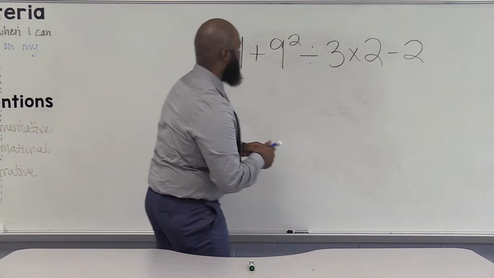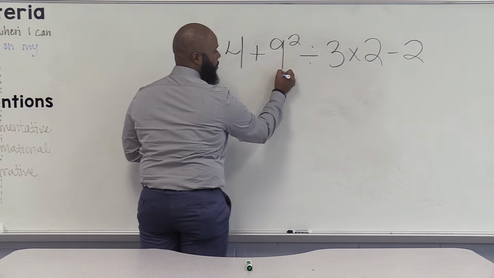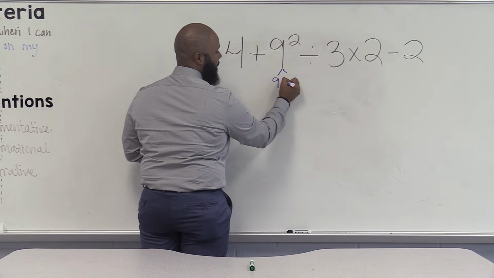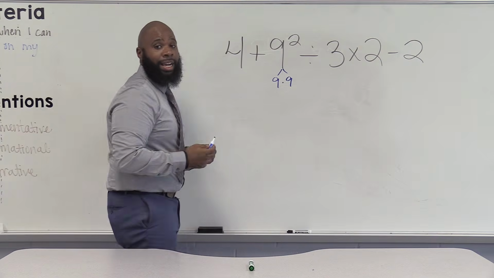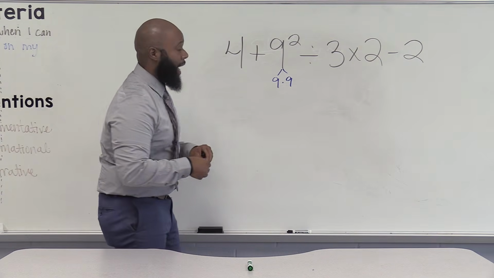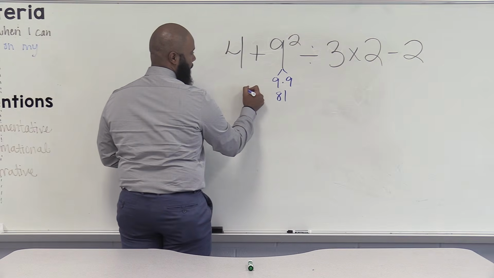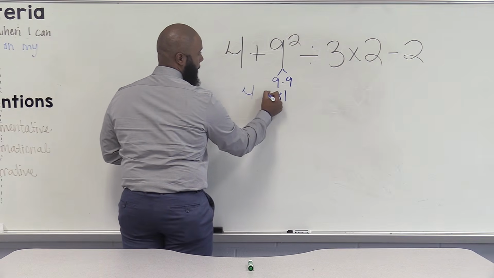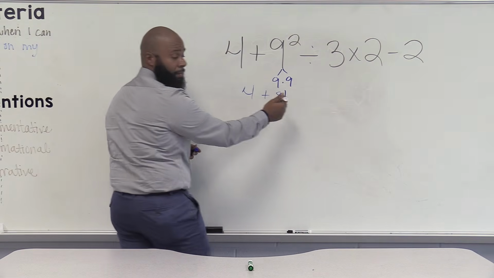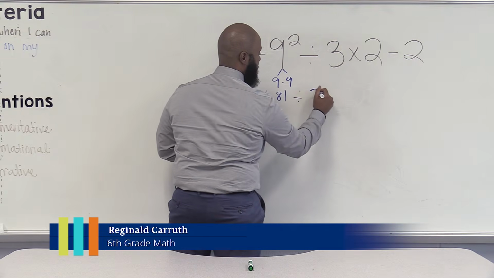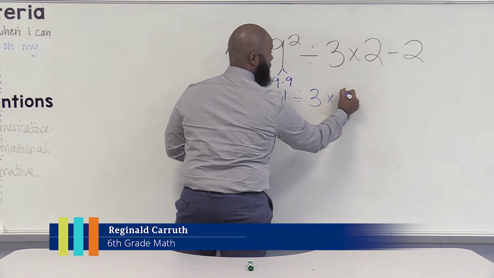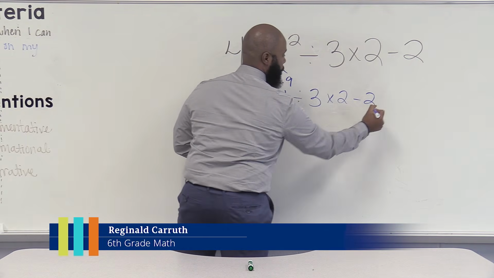Let me change the color up on this one. So I know I'm going to do 9 times 9. 9 times 9 is what? 81. So now that I know that that's 81, I'm going to bring everything else down. So 4 plus 81 now, divided by 3 times 2 minus 2.